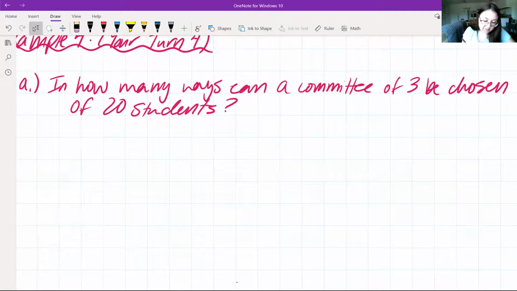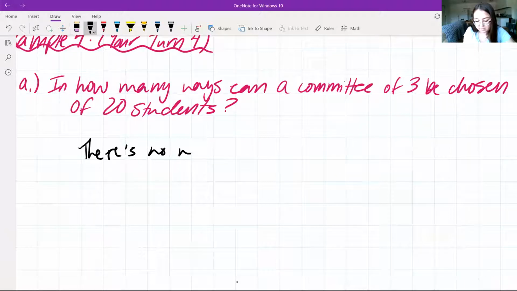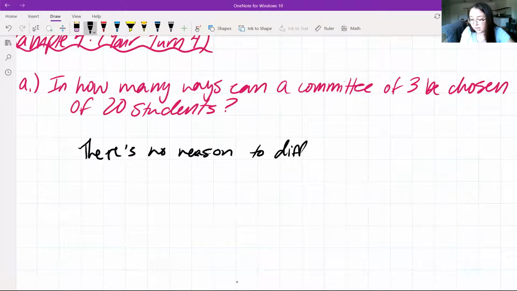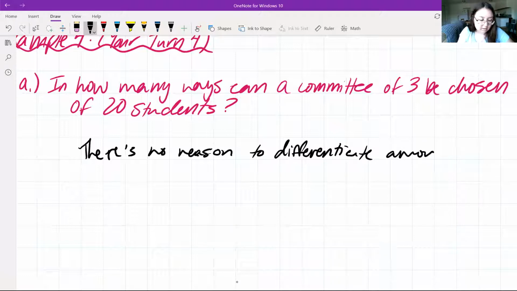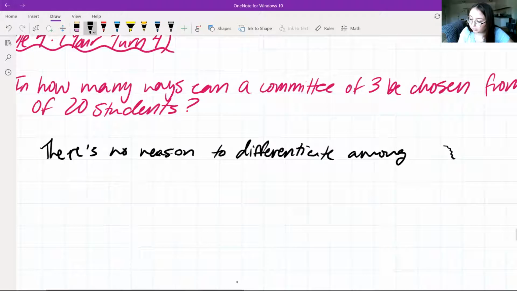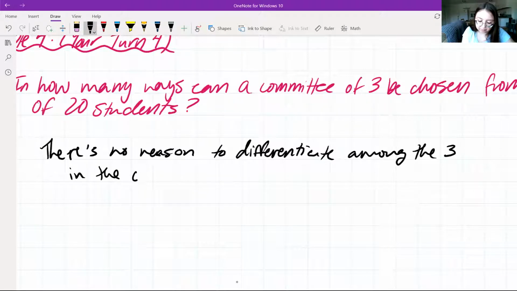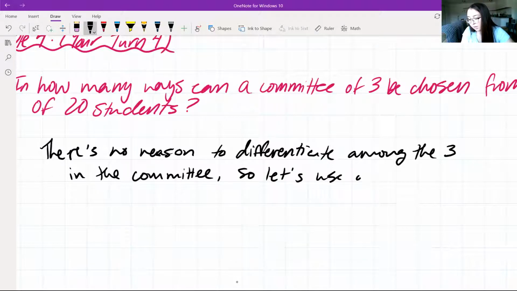So let's say there's no reason to differentiate among the 3 in the committee. So let's use our combination formula.